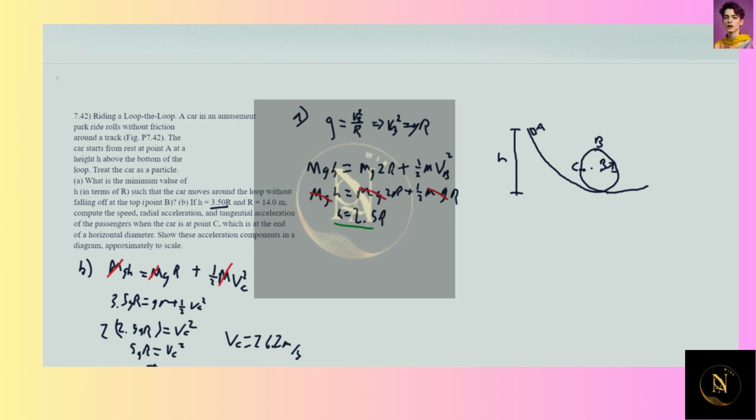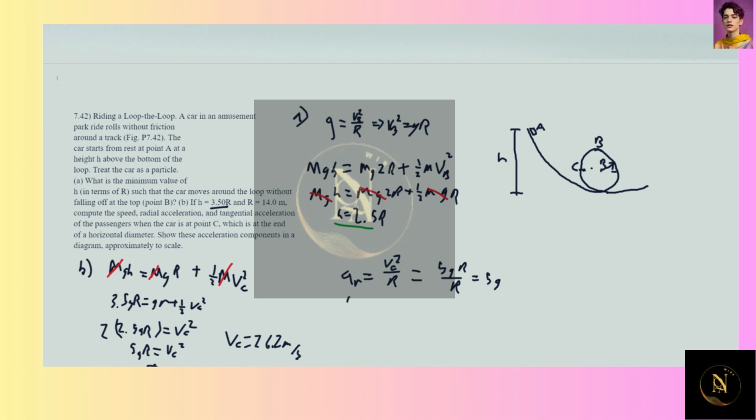Okay, so that's our velocity, but the radial acceleration we're going to write down is equal to v squared over R, again at point C. We can substitute what v_C squared is, 5gR, so 5gR divided by R is equal to 5g.